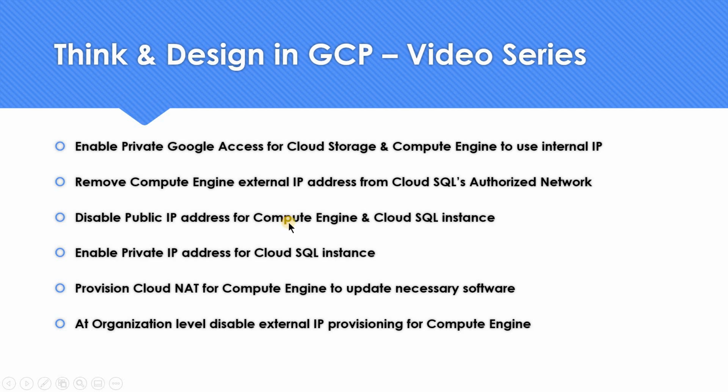For Cloud SQL we enabled private IP address, which took a good amount of time. And lastly, we also provisioned Cloud NAT so that we can update any necessary software in the near future.